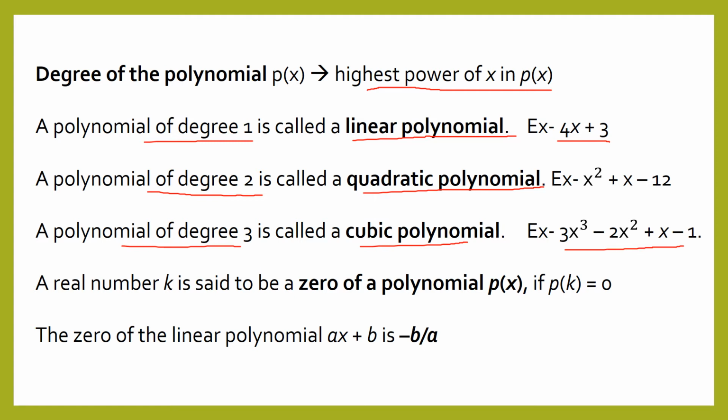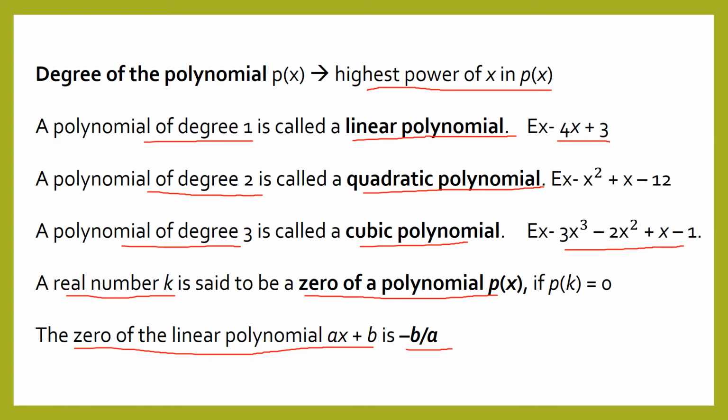Another important concept in the polynomial is the zero of the polynomial. Let's say k is any real number and p of k is equal to 0, then k is called the zero of the polynomial. k is also called the root of the polynomial. Zero of the linear polynomial ax plus b is minus b by a.